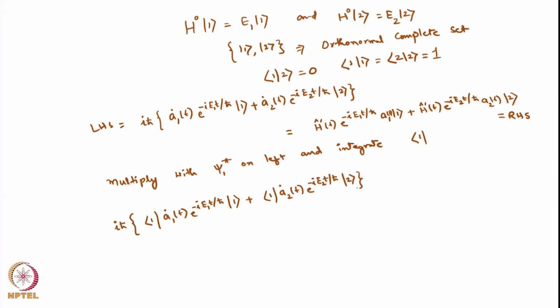That will be your left hand side, and the right hand side will be integral psi 1 star H prime of t e to the power of minus i E1 t by h bar A1 of t psi 1 plus integral psi 1 star H prime of t e to the power of minus i E2 t by h bar A2 of t psi 2. So, these are the 4 terms that we have.